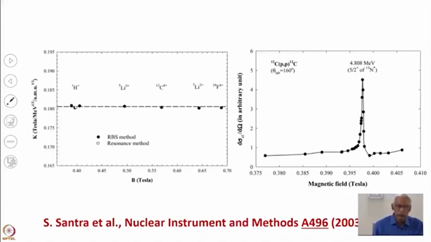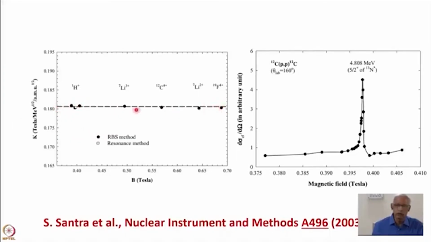Then we measured the scattered protons, and from that we calculated the K value. Here the K value for various target and projectile combinations is shown.